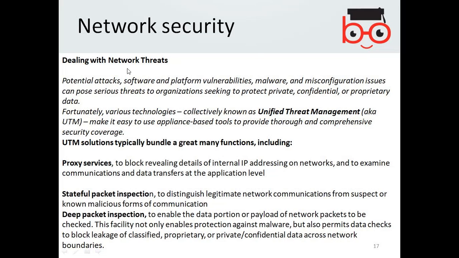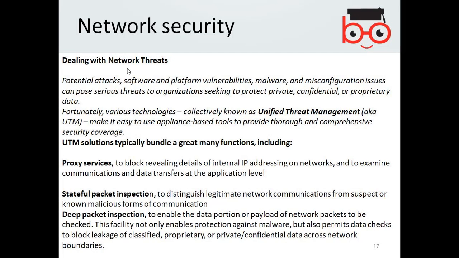let us see how your network is open to threats and what kind of threats can happen to your network. Potential attacks, software and platform vulnerabilities, malware and misconfiguration issues can pose serious threats to organizations seeking to protect private, confidential and proprietary data.